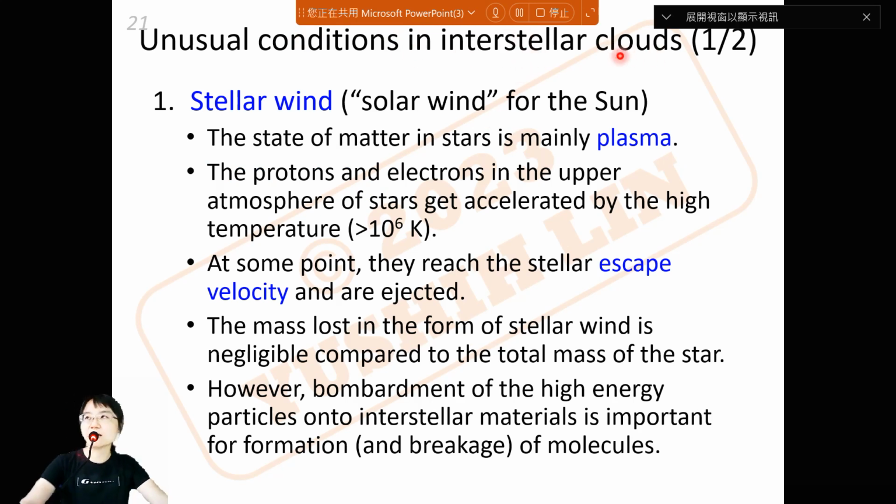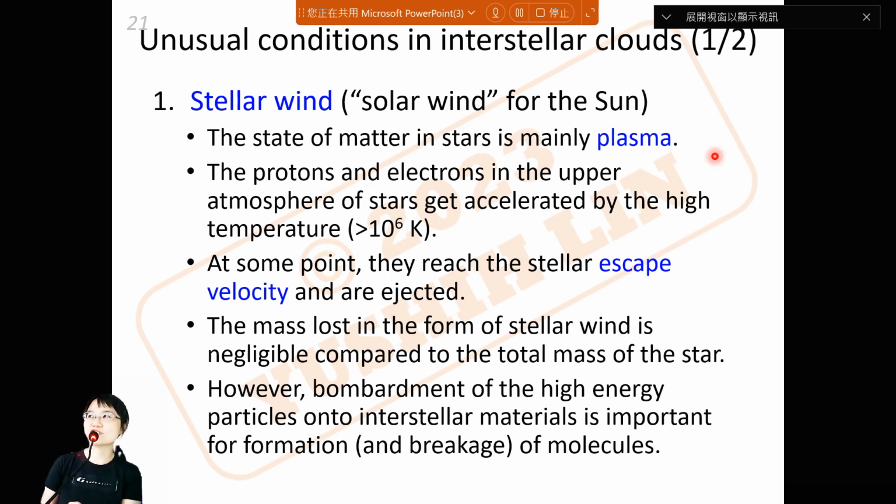In interstellar clouds, there are some unusual conditions. The first thing is stellar wind. Actually, today we also have stellar wind. Our stellar wind is solar wind. Every day, the Earth is being blown by the solar wind. The stellar wind is the star emitting its plasma outward to its surroundings.